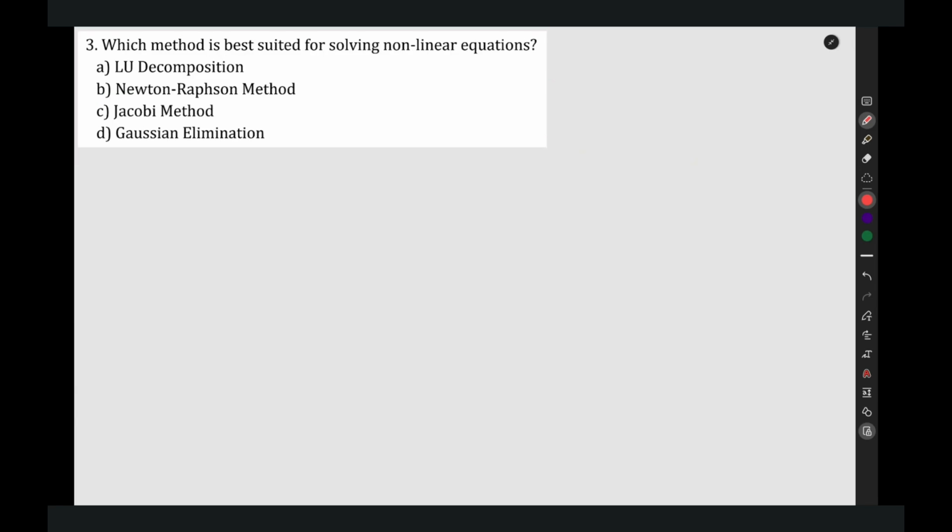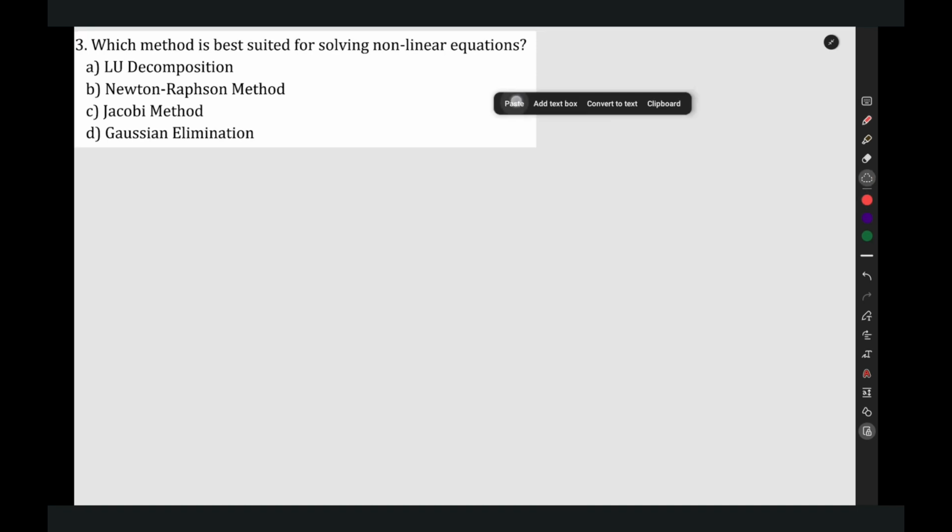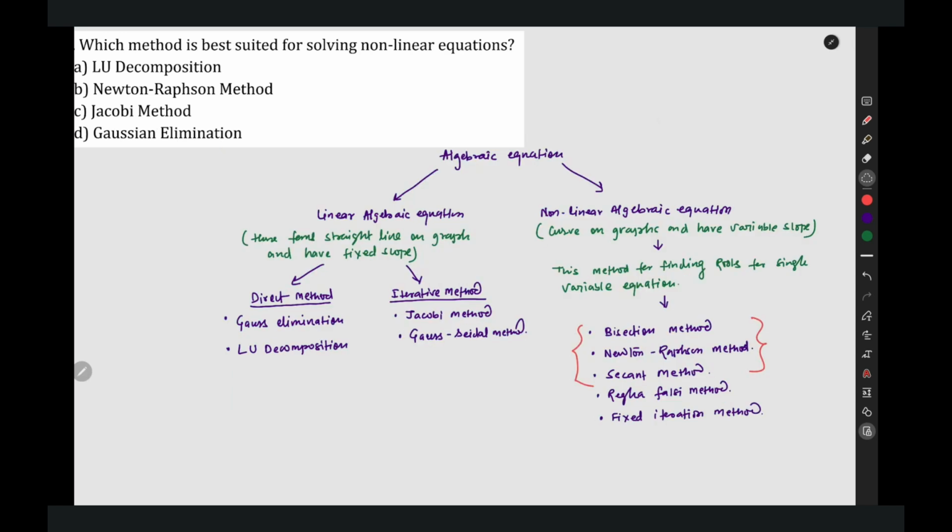The next question is, which method is best suited for solving a non-linear equation? So now we will recall what we have studied in the first slide. In the first slide, we have studied these methods. So we can see that for solving non-linear equations we have methods like bisection, Newton-Raphson, secant, regula falsi, fixed iteration.